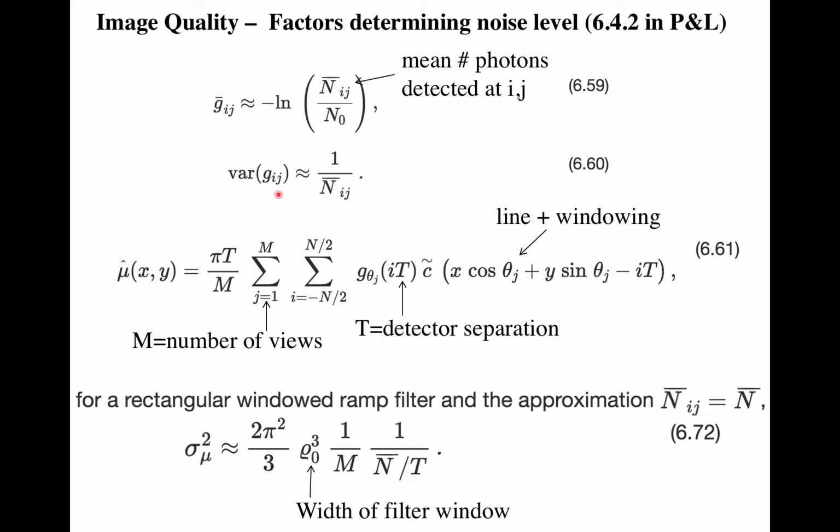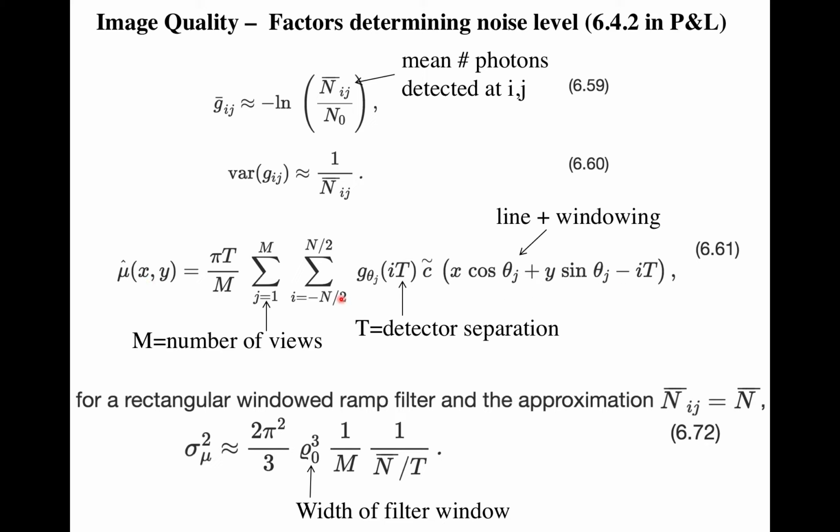So when we write down the discrete instantiation of the convolution back projection for our object, this is the estimate of mu xy. This isn't the God-given value, this is our estimate of it given these samples.